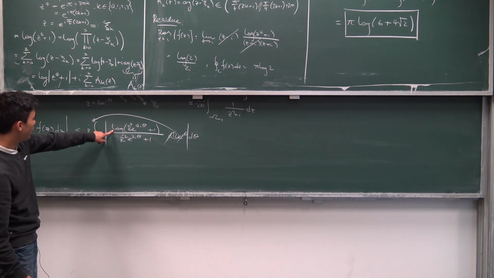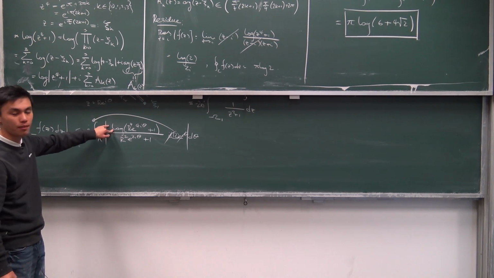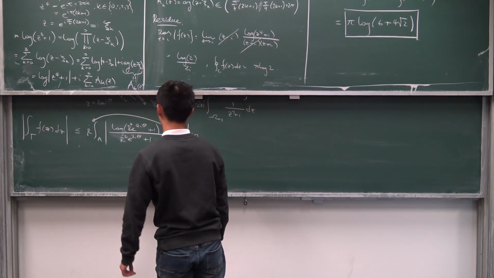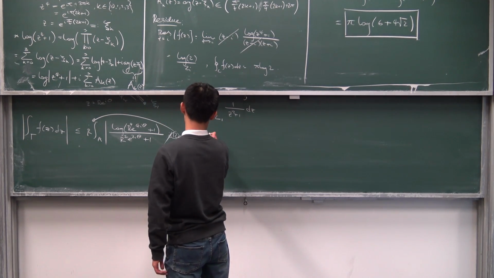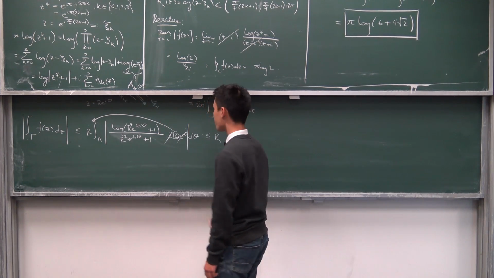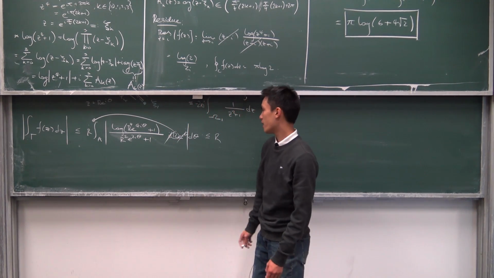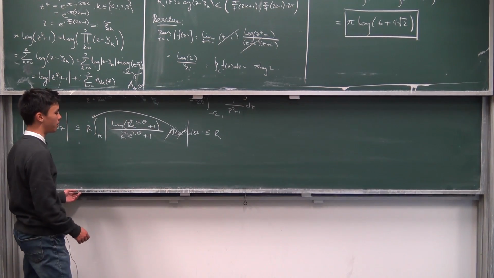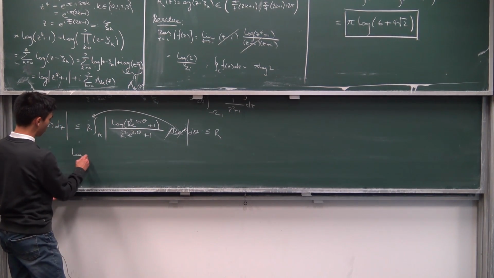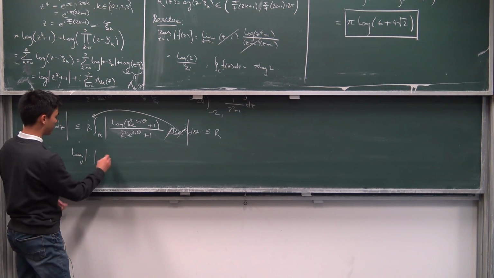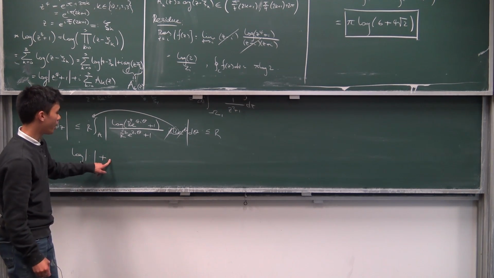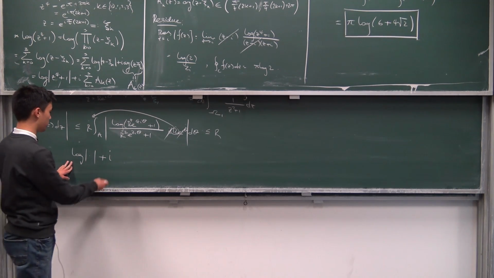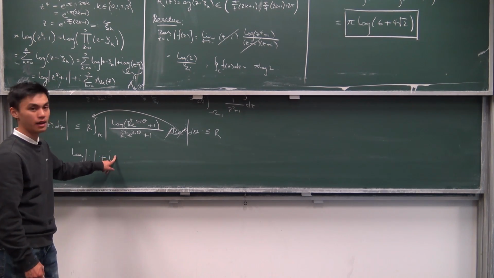Now we just need to bound the logarithm, and we can find a bound for the denominator as well, which isn't too tricky to do. So this is less than or equal to r times the bound. The logarithm is not too tricky to bound because the log of a complex number is exactly the log of the modulus plus i times the argument. If you take a look at this expression, it's really simple to bound because you can just bound this argument.